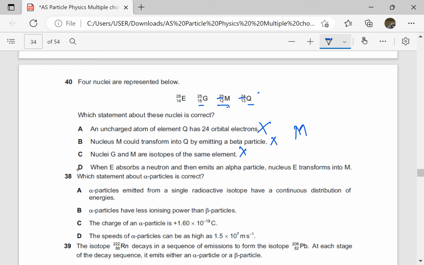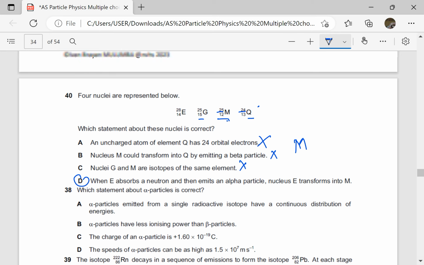When E absorbs a neutron and then emits an alpha particle, nucleus E transforms into M. That could be the correct answer. We can just verify. E absorbs a neutron, so plus a neutron, 1 0 n. E is 28 14. It absorbs a neutron.